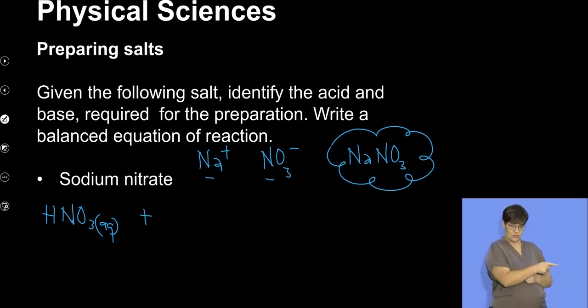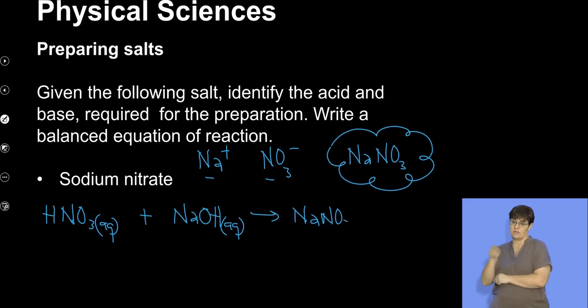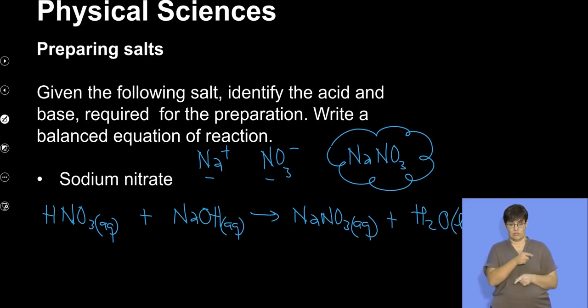We've got sodium hydroxide, which is our strong base, just like potassium hydroxide, because it is in group 1. What do we get? We get sodium nitrate, right? That's our salt, plus our byproduct, which is H2O, right? So that's our equation of reaction. And if you look at it, it is actually balanced. The stoichiometric ratio in which they react is 1:1.